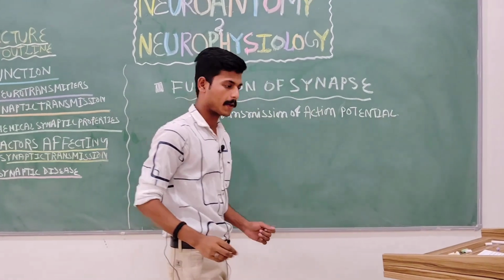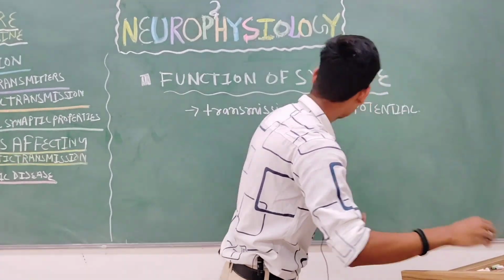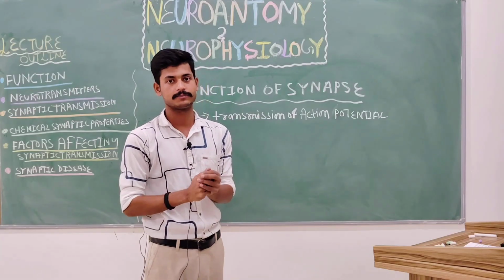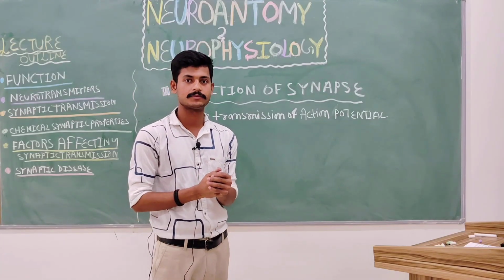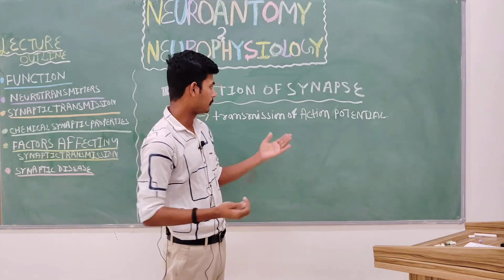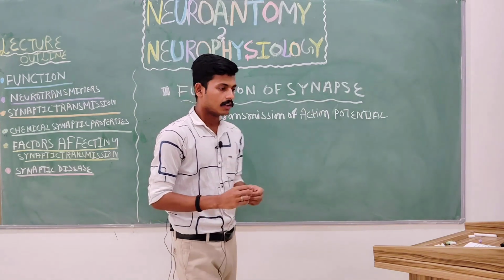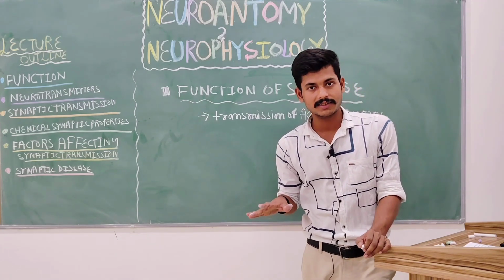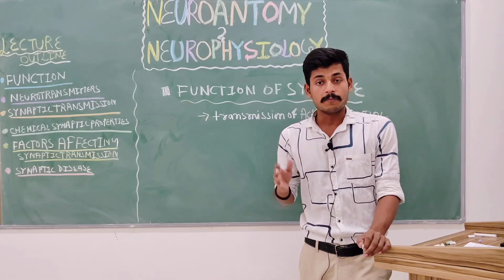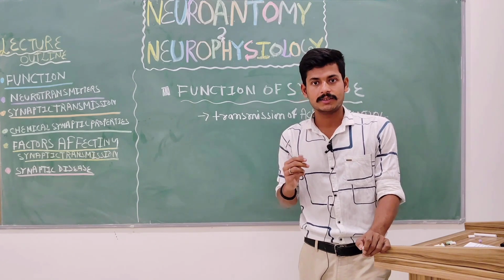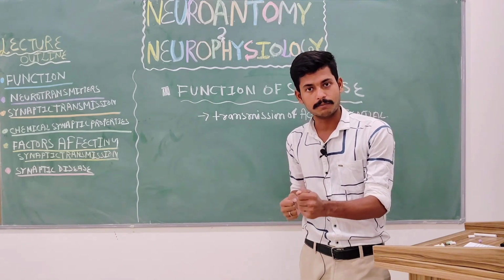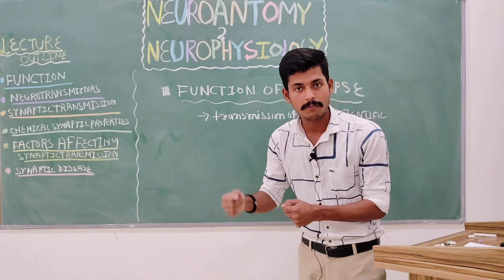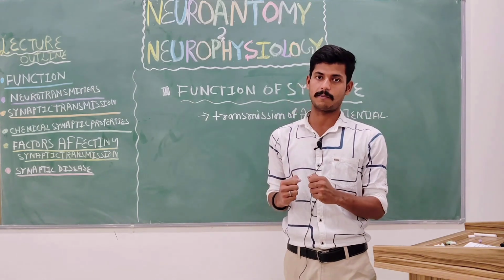But this message can be inhibitory or it can be excitatory, isn't it? The central nervous system controls our body. In layman's language, we can say they control the movement of our body, or they also stop the movement of our body.